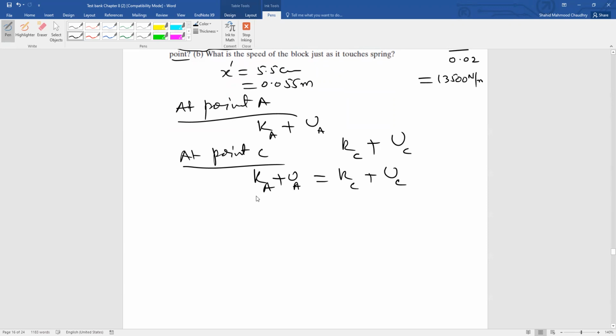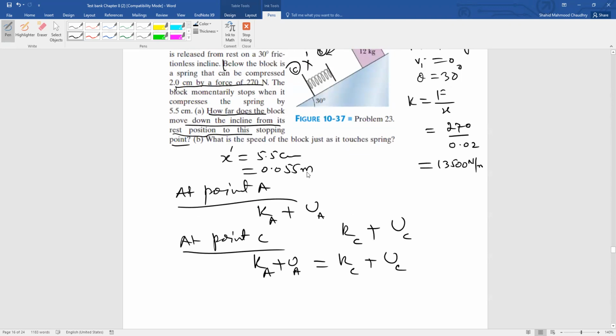What is Ka? Kinetic energy at point A. It will be 0 because the block is at rest. So this is 0 plus the potential energy at point A. Surely it has potential energy, and this is mgh. I'm writing here mgh. Kc, kinetic energy at point C. You can see here the block momentarily stops when it compresses the spring by 5.5.